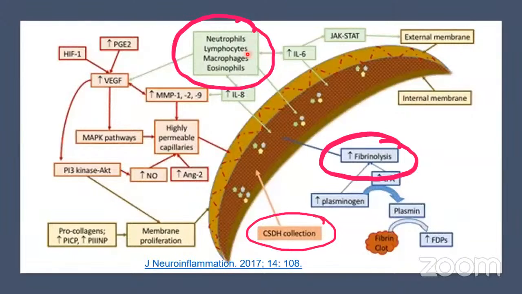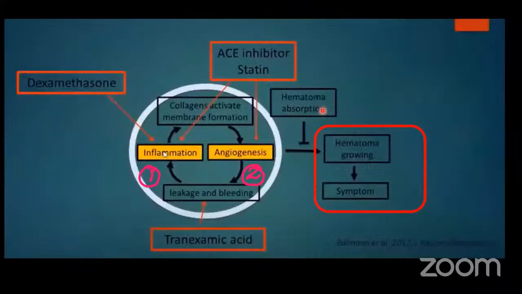So, in a nutshell, we have so many inflammatory cells and their inflammatory pathways, then a blood collection in the subdural space with activation of fibrinolysis and plasmin activation. All these things go hand in hand. So we can reduce the inflammation by giving steroids.